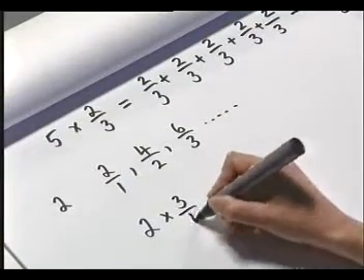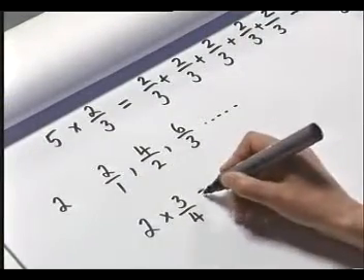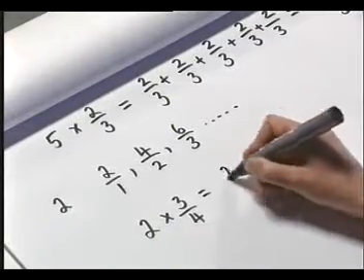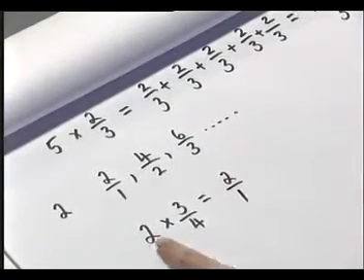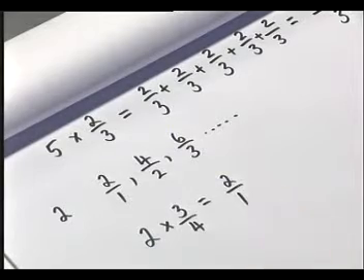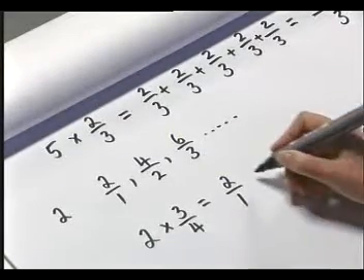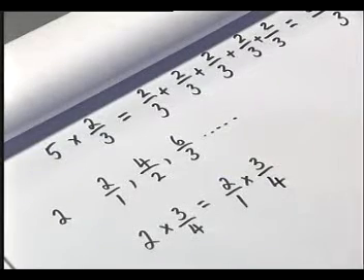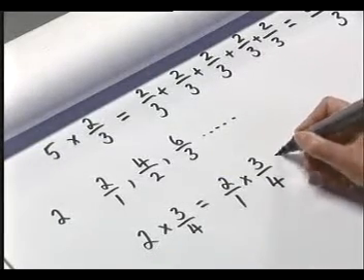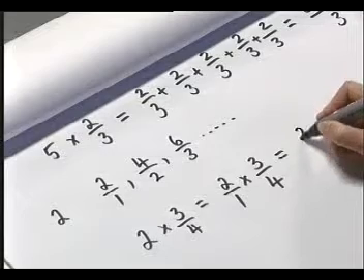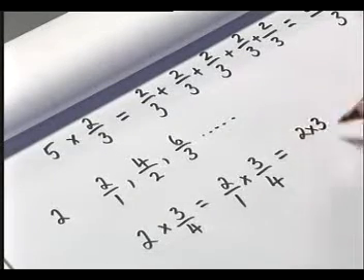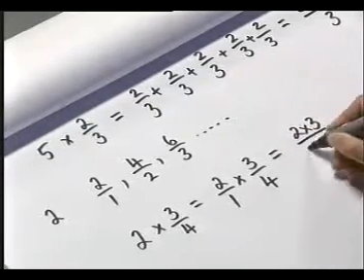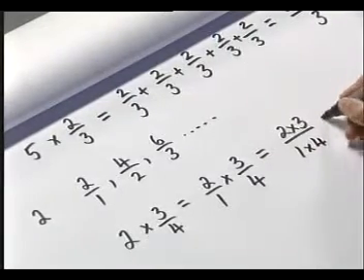So another example, 2 times 3/4, we can write as 2 over 1. So we've made our whole number into a fraction, times 3/4. So what we have here is 2 times 3 and 1 times 4.